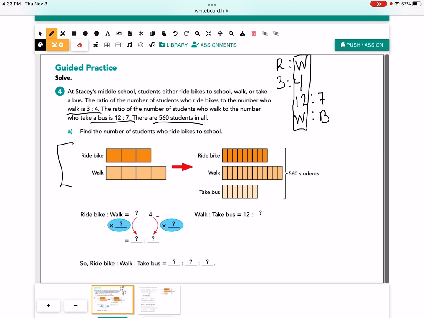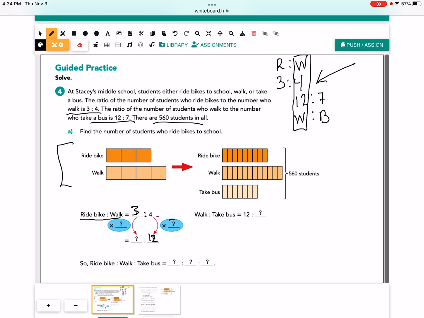So here is the first ratio. Ride bike to walk is 3 to 4. And we need to make an equivalent ratio that is going to help us. And to do so, we're going to look at these two numbers here, 4 and 12.